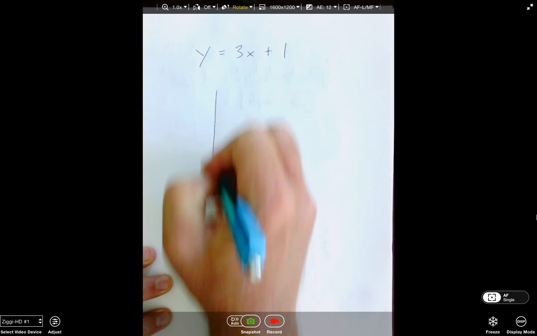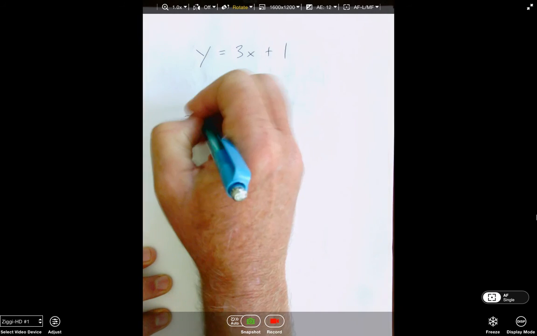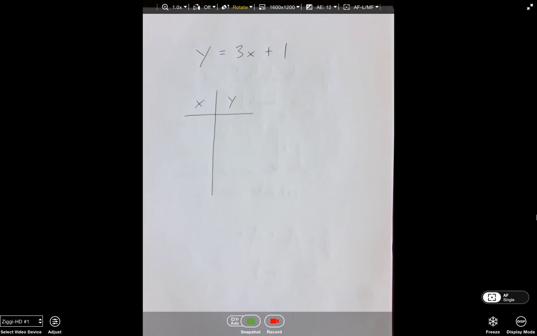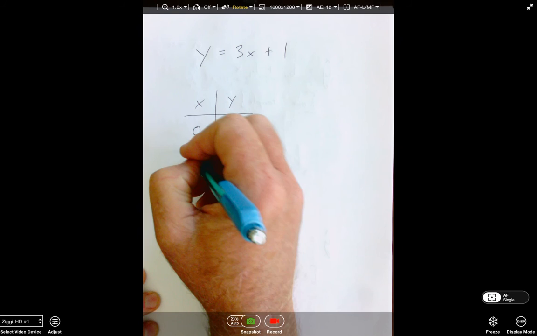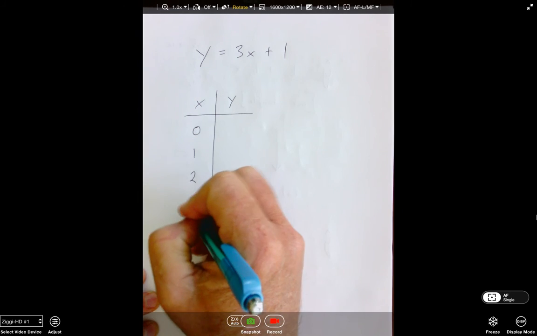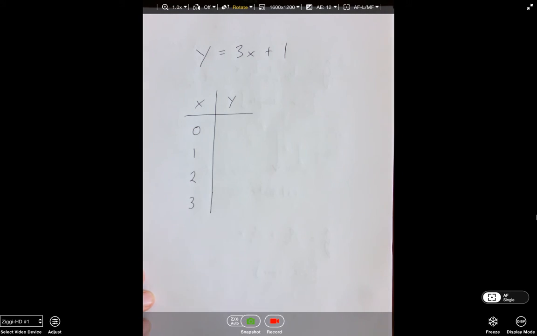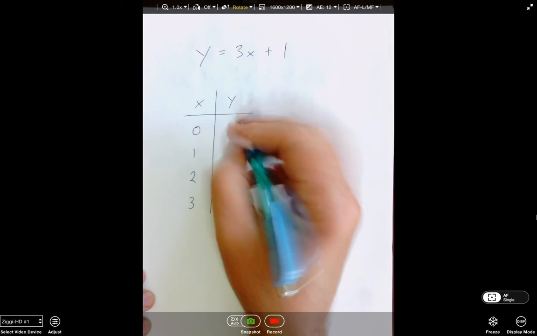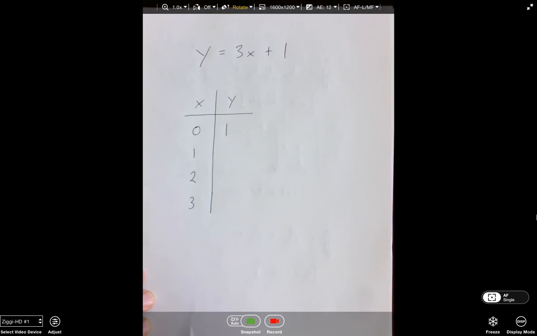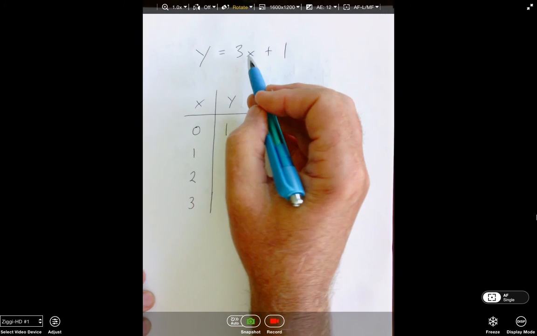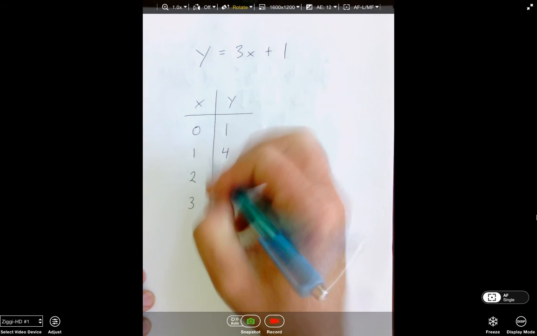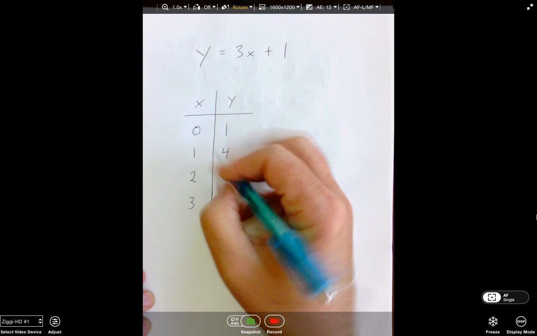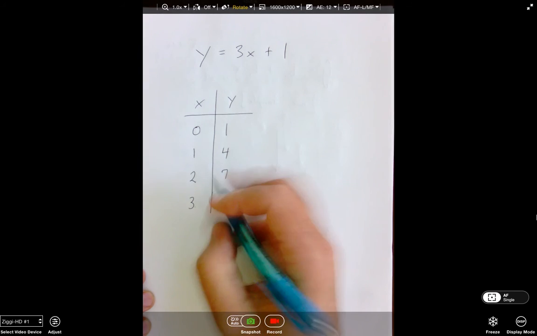And they probably had you draw one of these very meaningful and useful tables where you put in a couple of numbers and you calculate the value for y based on the x. So if I have x equals 0 and I put it in for x, my y value is 1. If I put 1 in, I get 3 plus 1 is 4. If I put 2 in, I get 6 plus 1 is 7. And if I put 3 in, I get 10.